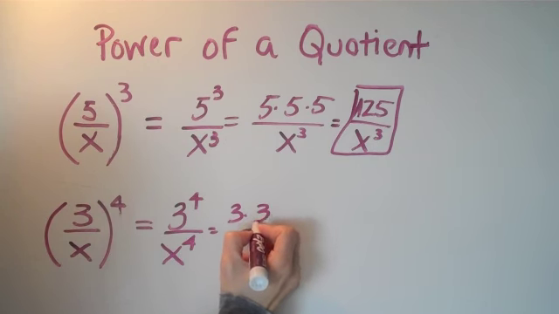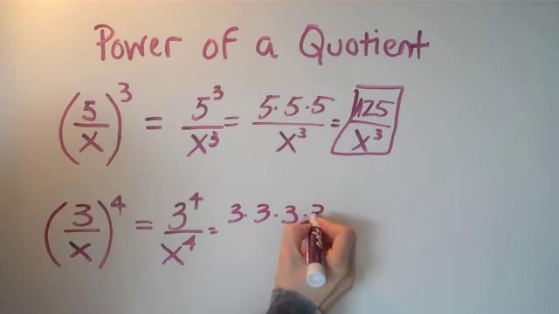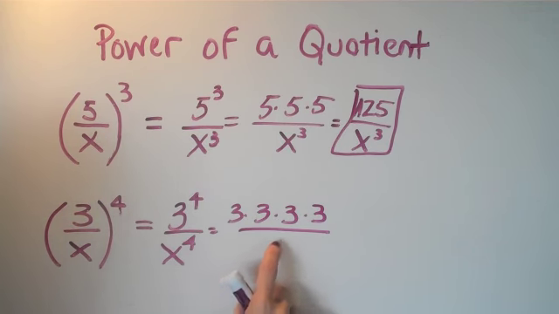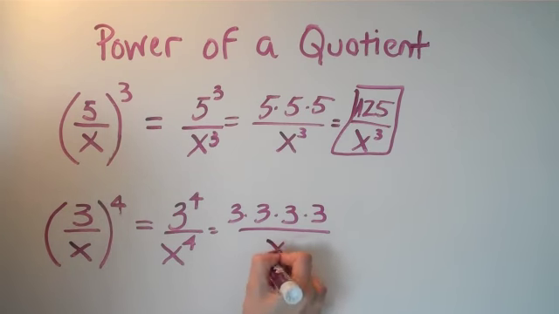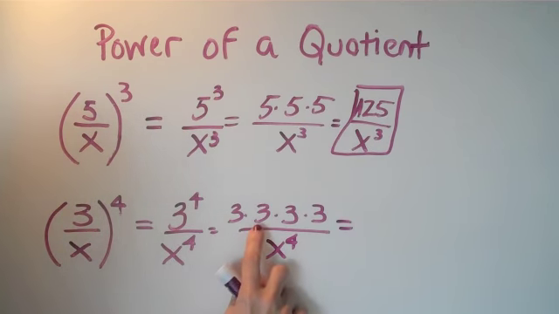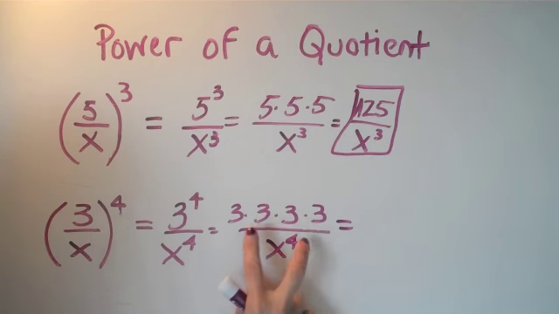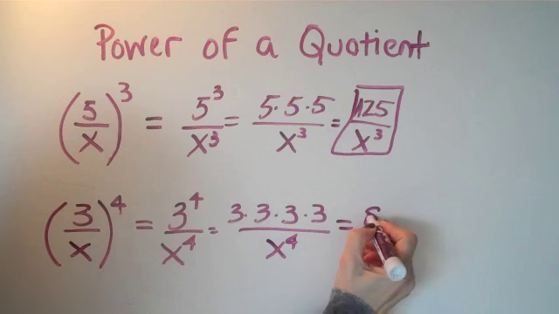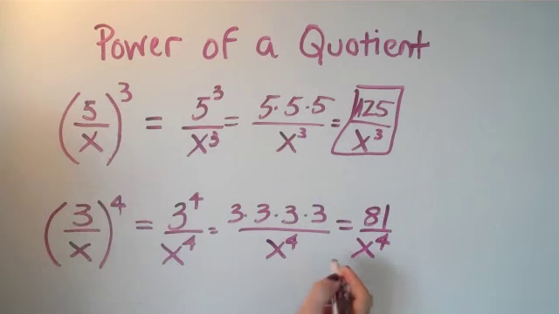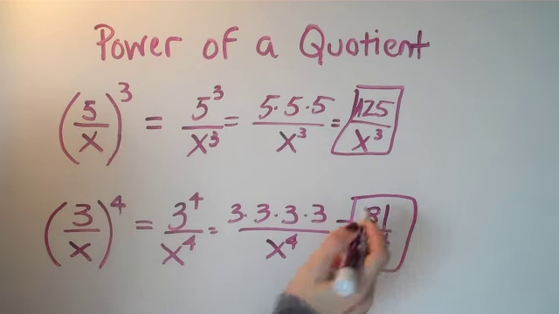So it becomes 3 times 3 times 3 times 3 over, now again, if we distribute x times x times x times x, we're going to end up back at x to the 4th power. So I'm just going to leave it as x to the 4th power. 3 times 3 is 9, 3 times 3 is 9, 9 times 9 is 81. So we have 81 over x to the 4th power. And that is our final answer there.